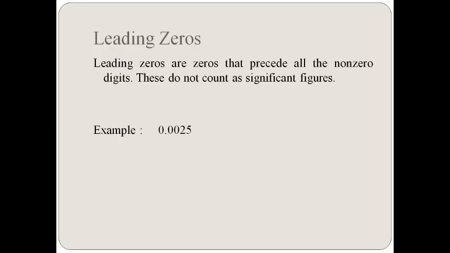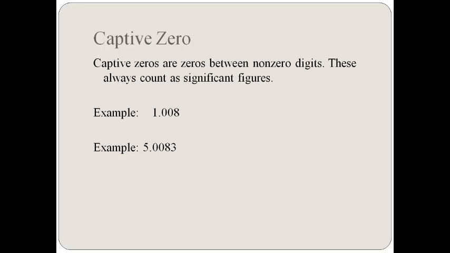Leading zeros are zeros that precede all the non-zero digits, and these do not count as significant figures. So whenever we have zeros on the left hand side, we don't count them. For example, in this case, we do not count these 3 zeros. So for this example, we have only 2 significant figures, which are 2 and 5.